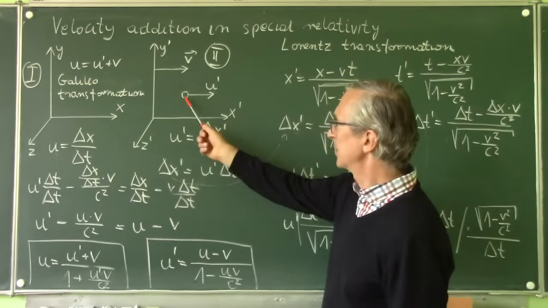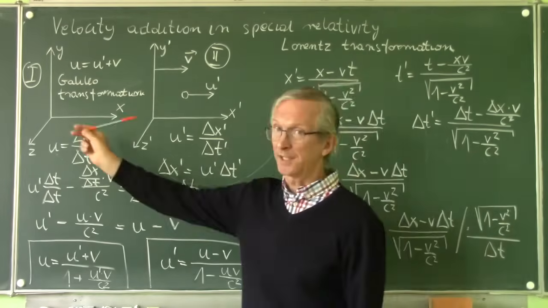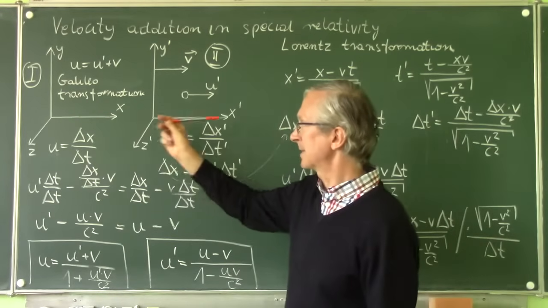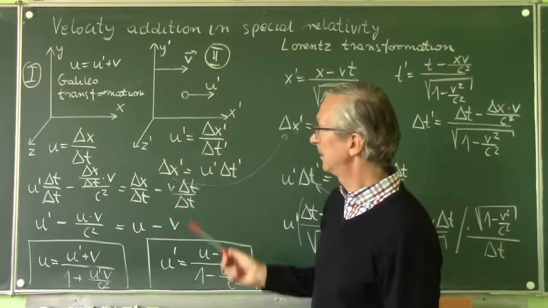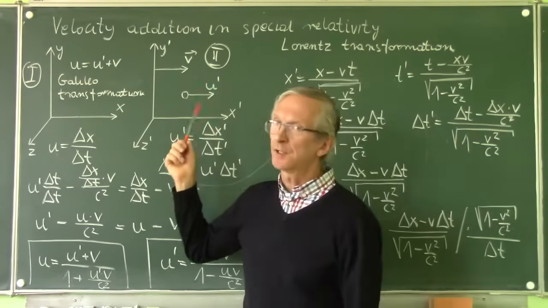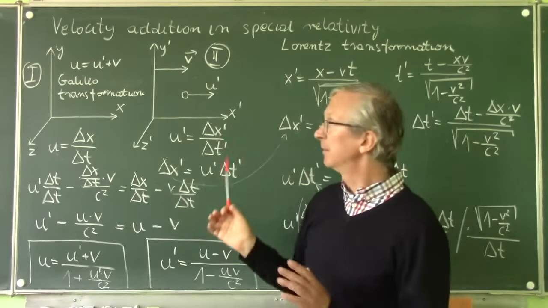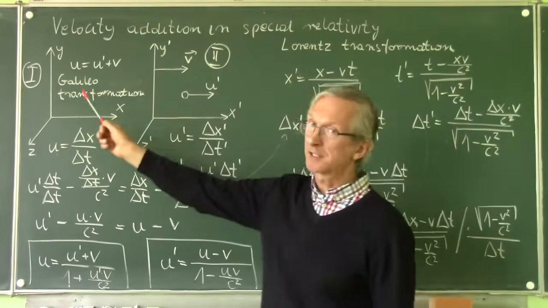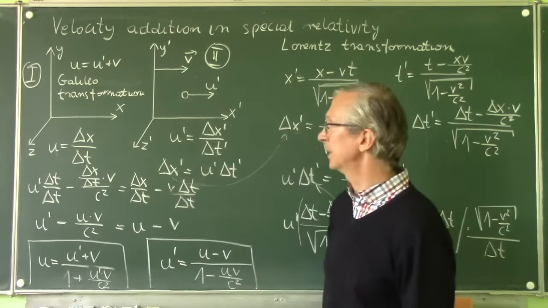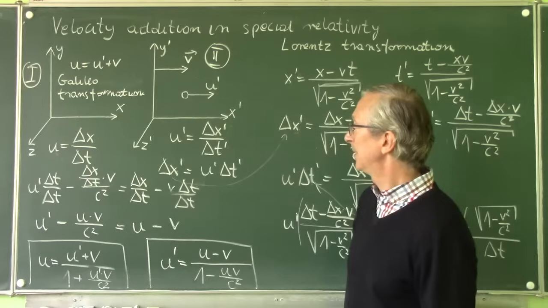We have here an object moving also in the direction of the axis x, and the velocity of this object will be measured by these two observers from the first frame of reference and the second frame of reference.